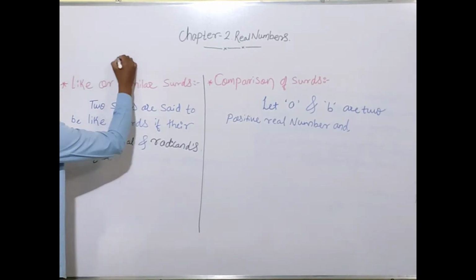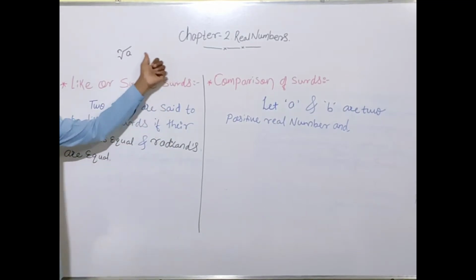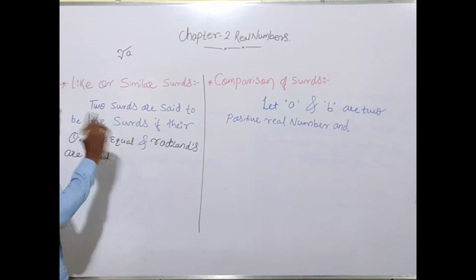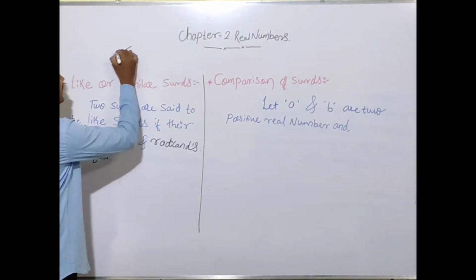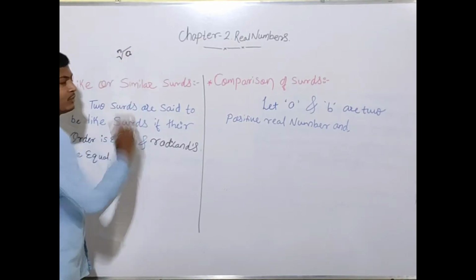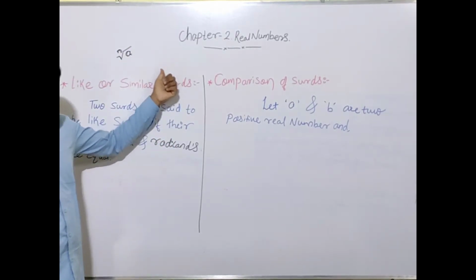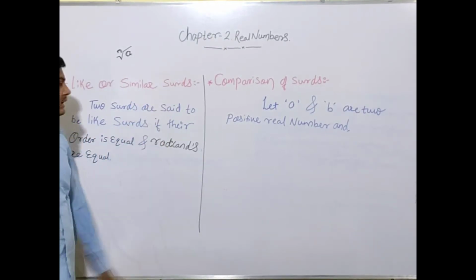We have seen that the nth root of 8, if it is an irrational term, then it is a surd. So two things we have to compare: both the surds should have the same order, and the inside element, that is the radicand, should also be the same. Only then can we say that the two surds are like or similar surds.